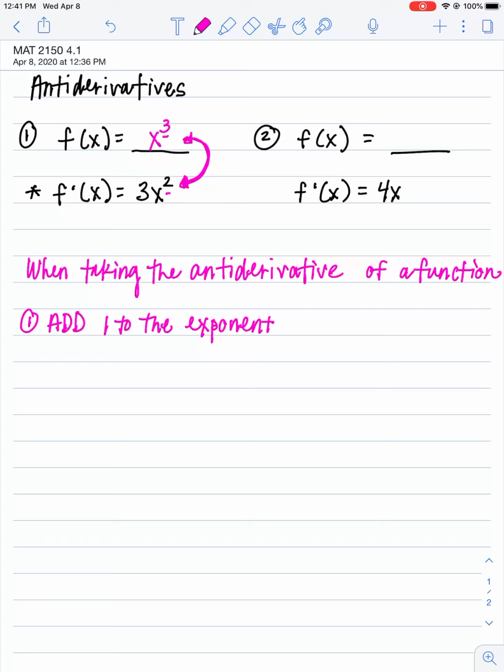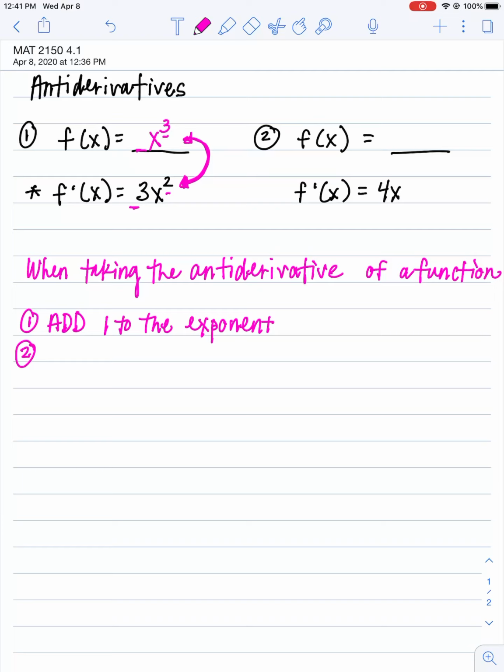Take a look up there again. The exponent was 2. When I worked backwards, it was a 3, so we added 1 to the exponent. But we didn't just add 1 to the exponent. The coefficient in the original problem was 3, and the coefficient in the answer when working it backwards is an imaginary 1.